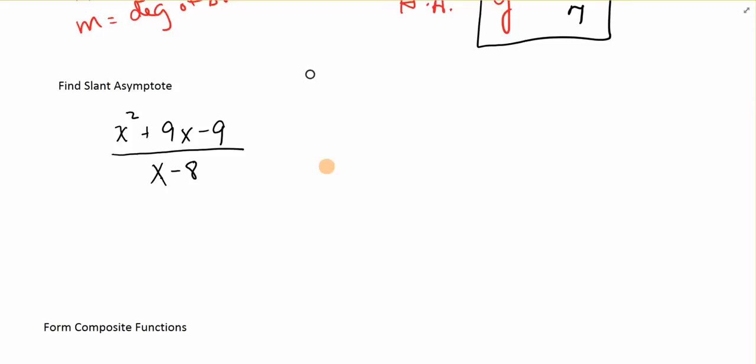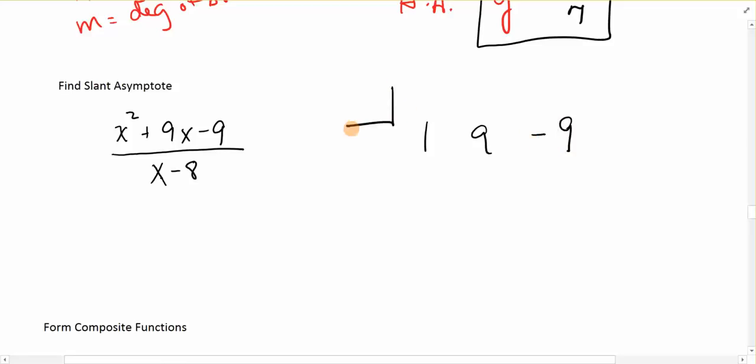We actually divide x minus 8 into that. Can we use synthetic division to do that division? We can. So we're going to write the coefficients 1, 9, -9, and we're going to divide by what? Positive 8. So 1, 8, 17.